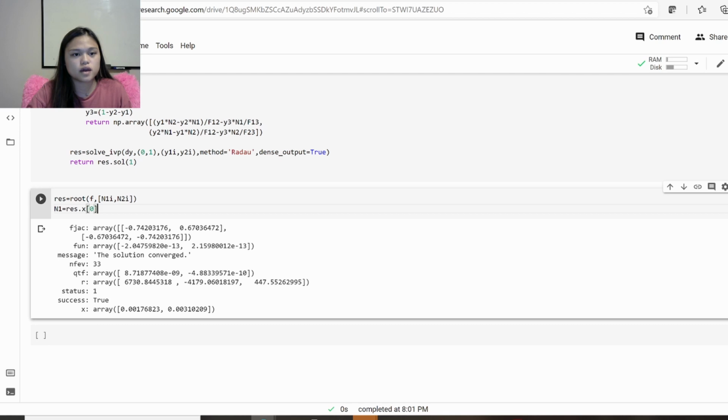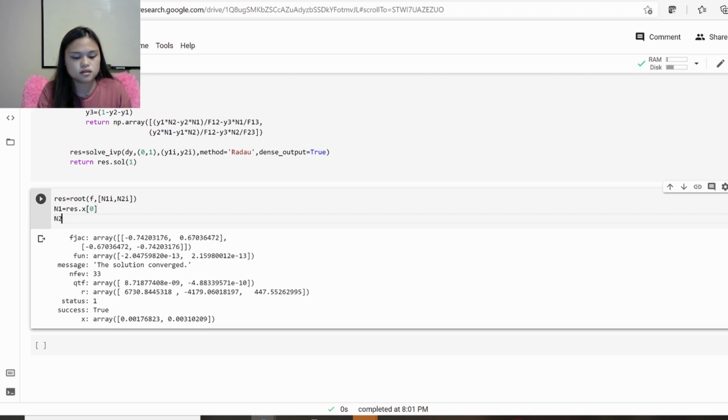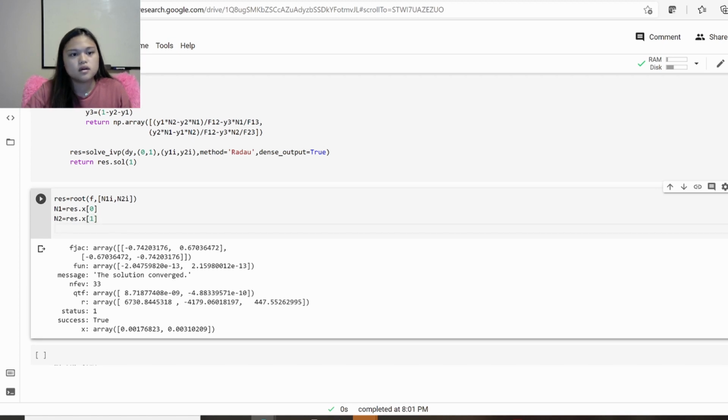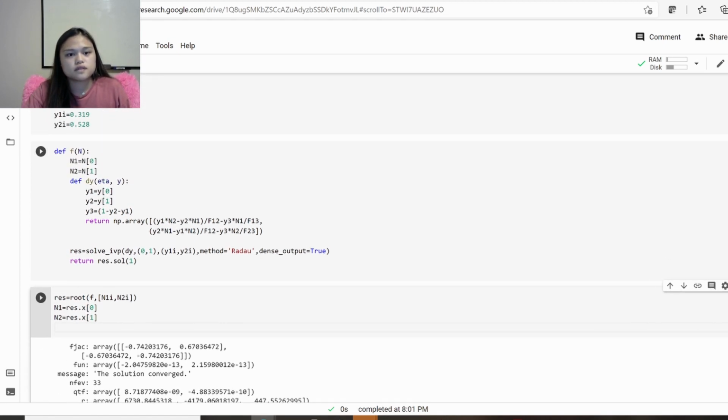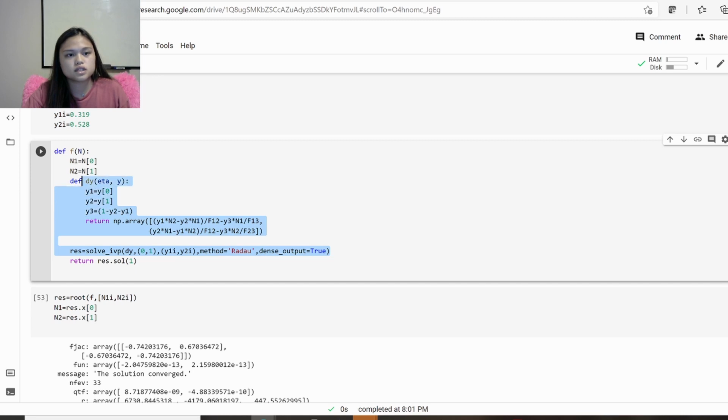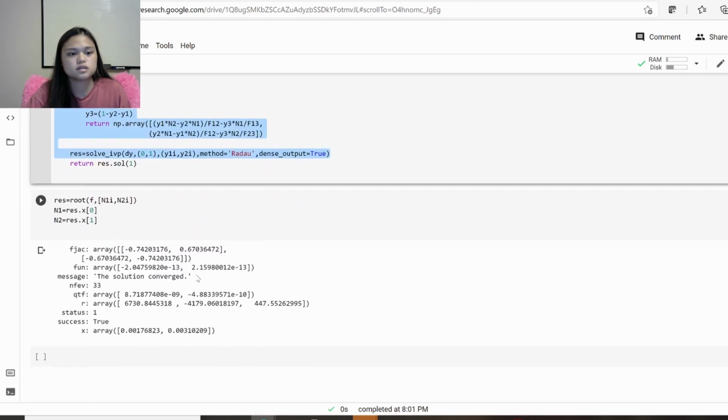This one is going to be for the acetone because this is the first in the array, and this is for the methanol. And then now we just want to define this function again because we want to plug the correct molar fluxes into the Stefan Maxwell equations.